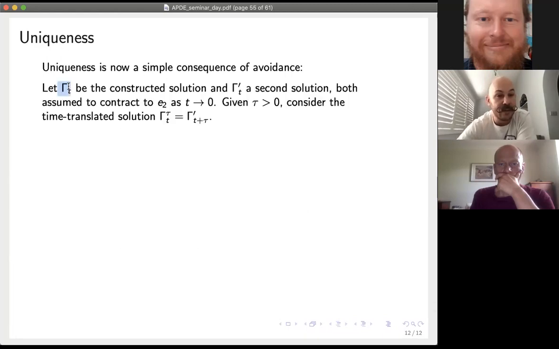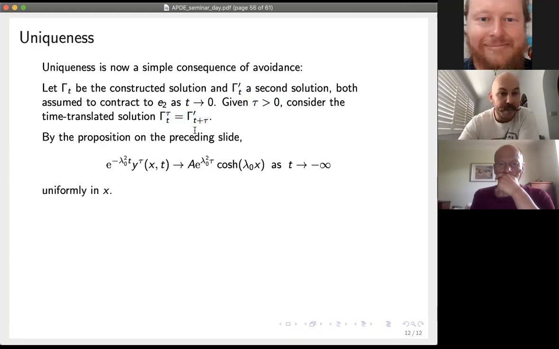So you take your solution you've constructed, you take some second solution, and up to a rotation, you can assume that they contract to the same point as t goes to 0. Now you take some small tau greater than 0, and you time translate your second solution by a small amount. By these unique asymptotics, you deduce that on this slightly time translated solution, your rescaled height function converges like this.